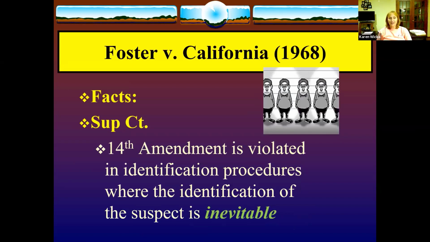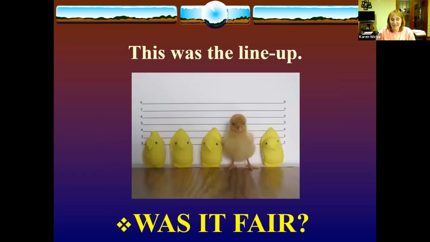So what the Supreme Court has said in Foster v. California is that the Fourth Amendment is violated, fair due process is violated, if the actual identification process used by the police leads to an inevitable identification, right? So this is a lineup that is inevitable.